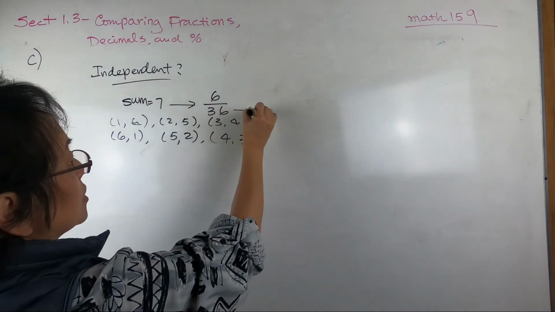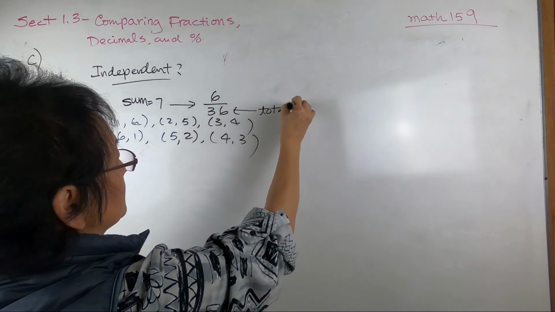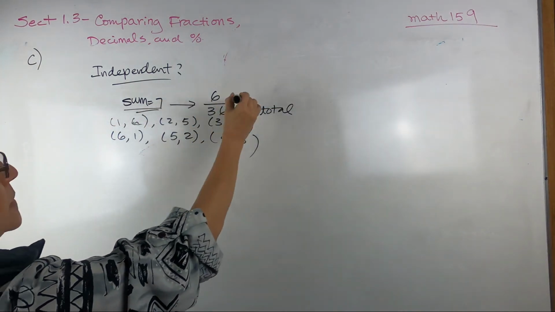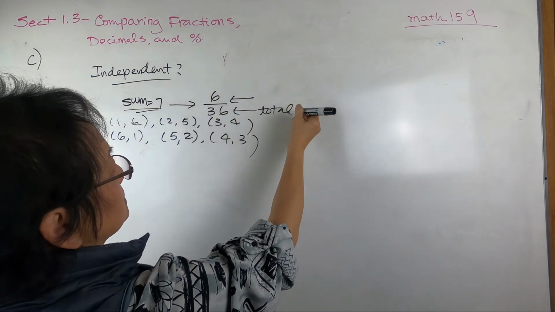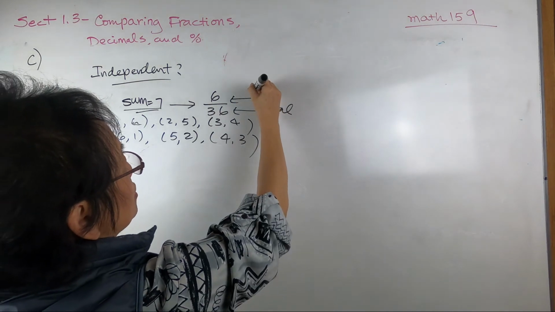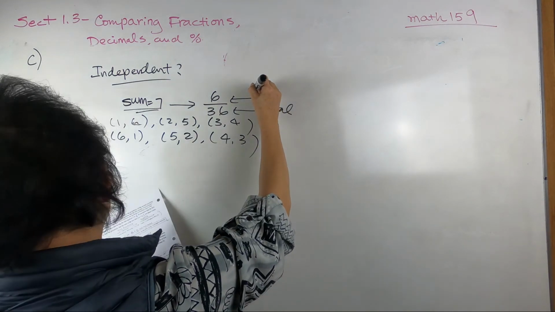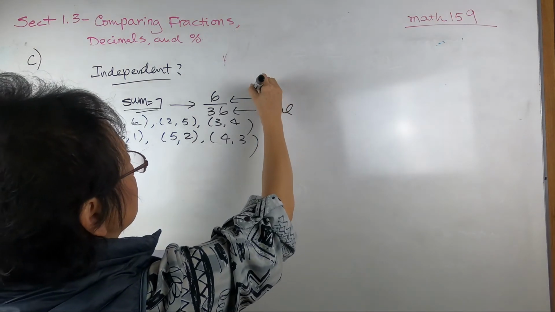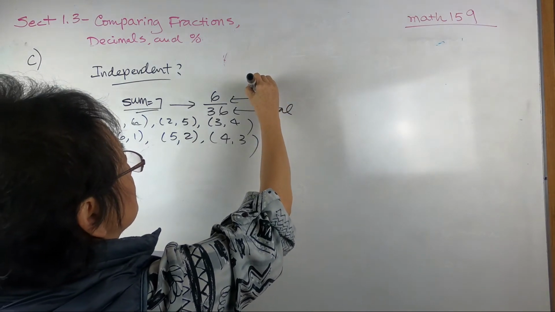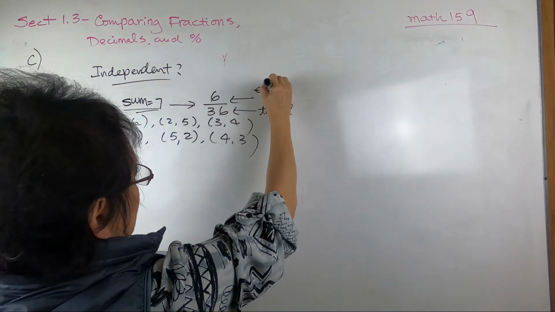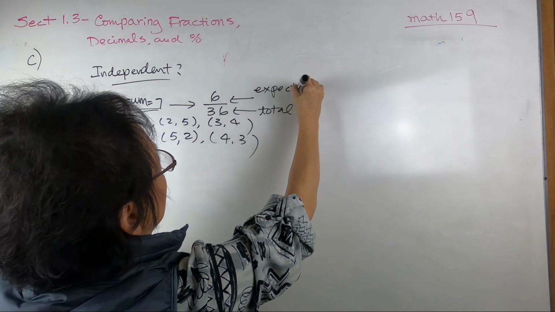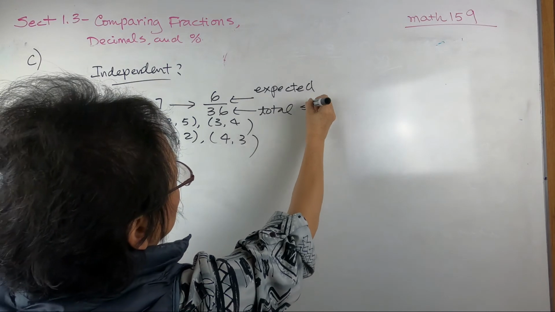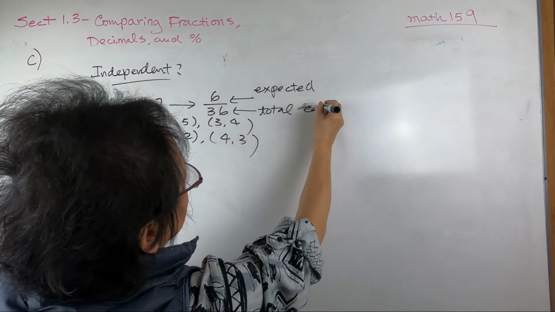Then this is the total situations. Then this is the sum for, how do we say it? Acquired, happen, okay? For the expected situation. This is total cases.